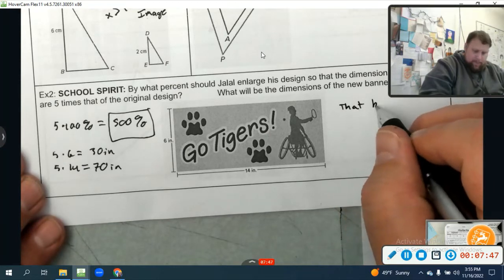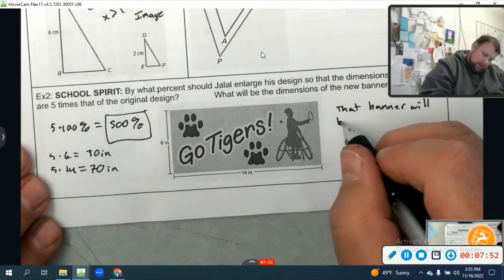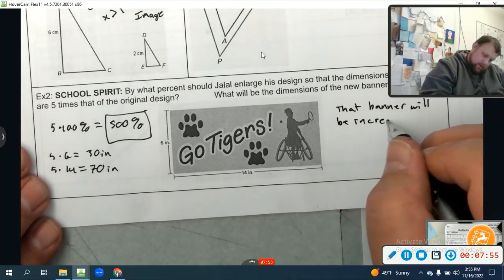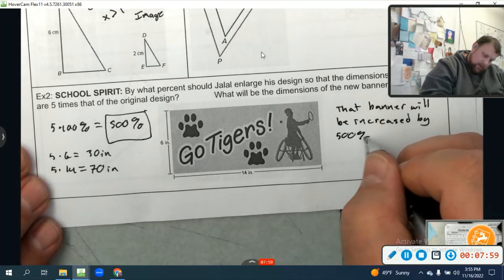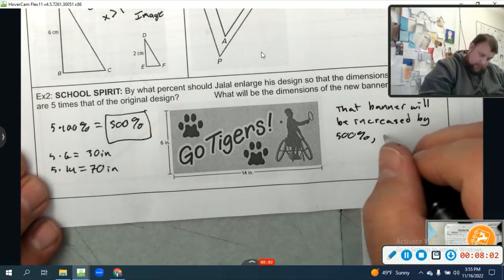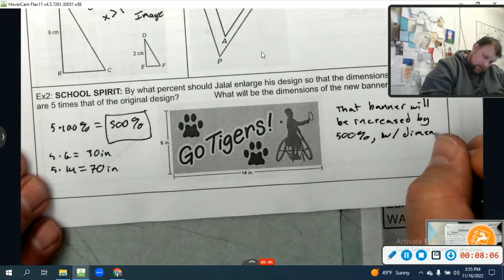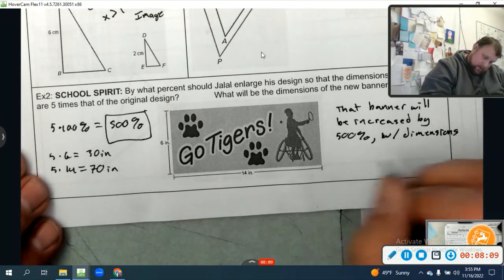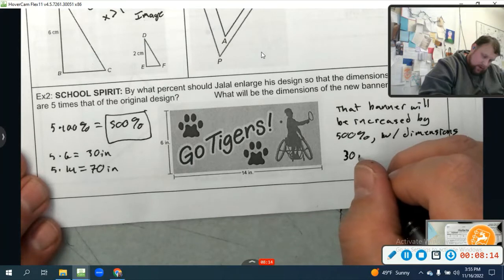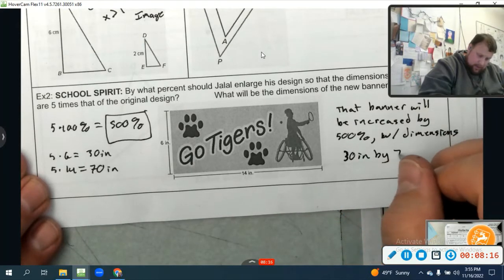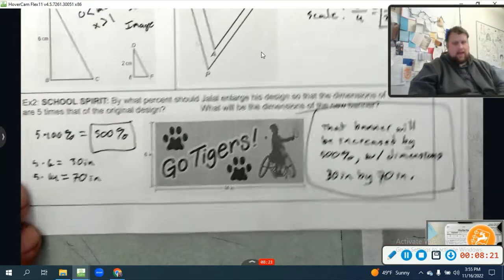The banner will be increased by 500% with dimensions 30 inches by 70 inches. Boom. Look at that.